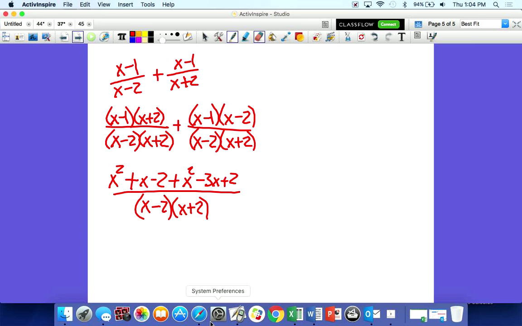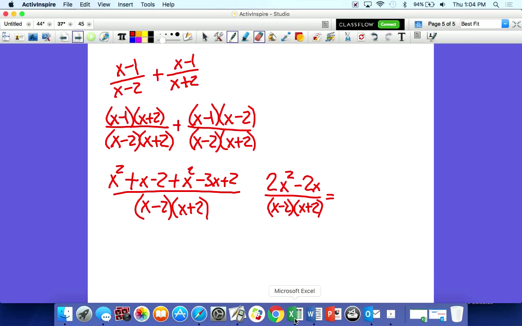Combine like terms. Now we are at 2x squared minus 2x, and then the 2's cancel out here, over x minus 2, x plus 2, almost done.